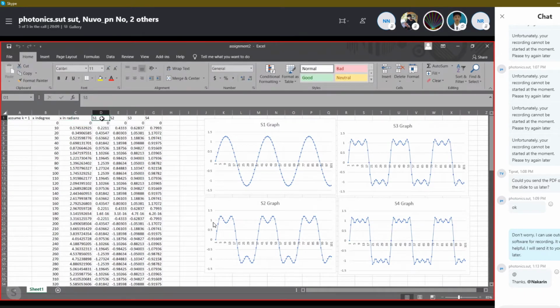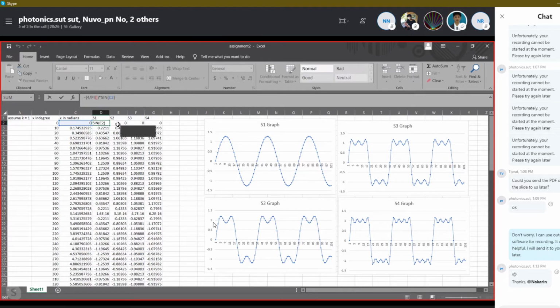For S1 I type this in the formula bar: sine of C2.